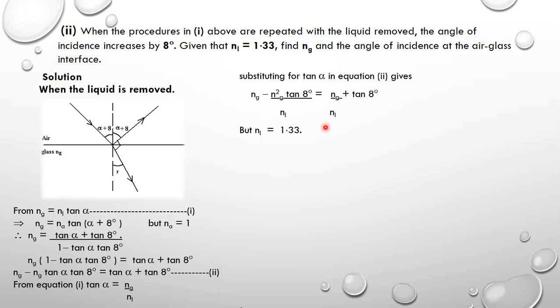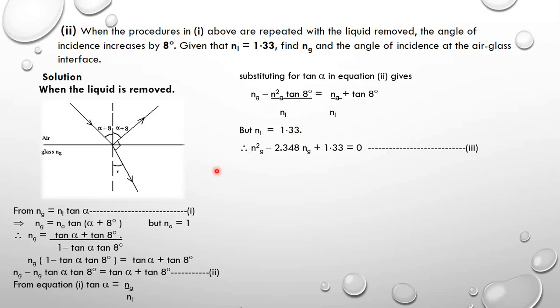When we put here 1.33 and here 1.33, and then collect like terms and simplify that, we are going to have a quadratic equation being formed, where Ng squared has here 1. If we divide through and make it 1, then we shall have this kind of quadratic equation.